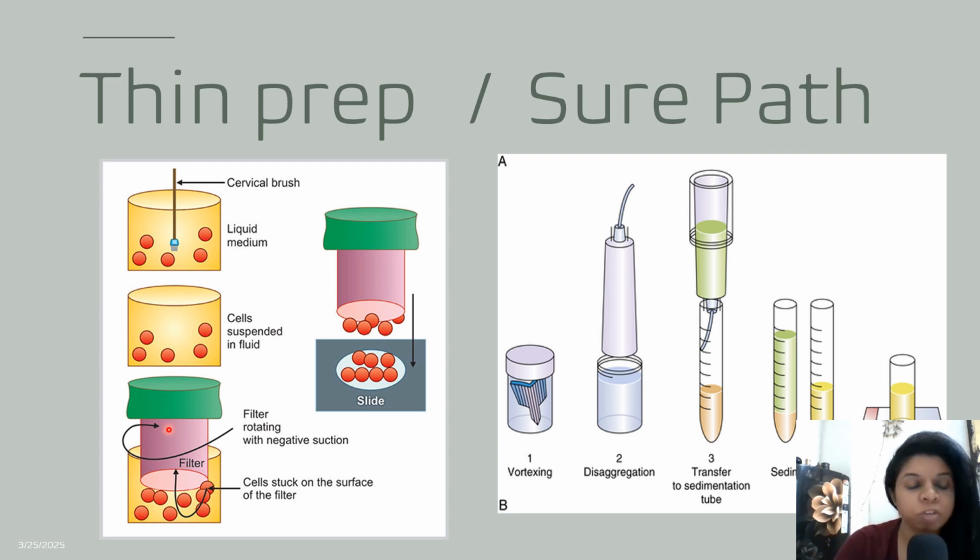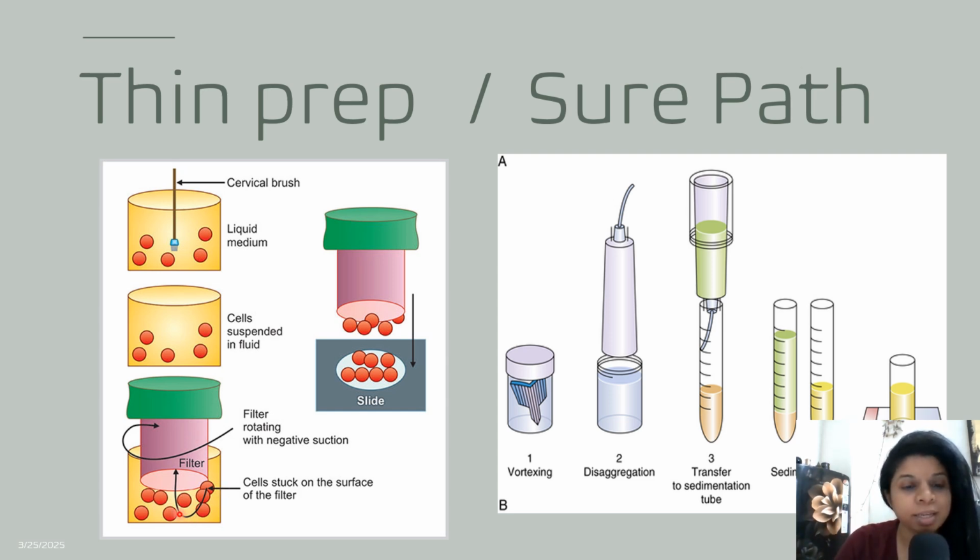So when the filter is rotated and negative suction is applied, the cells get stuck onto the filter, and the suction pressure is adjusted in such a way that only a thin layer is formed over the filter, and it is also rotated to get a proper thin layer.